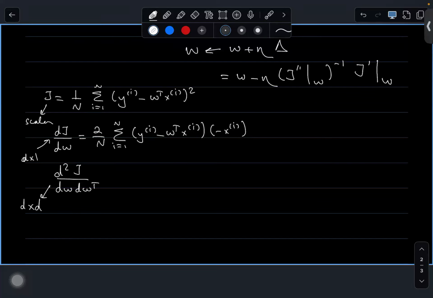And what you're doing is that dJ/dW is a vector. Each row of this vector is some function of W: W1, W2, W3, W4, whatever. Now you're going to take that first element, and then you find the derivative with respect to W1, W2, W3, W4. That becomes the first row of your second derivative.